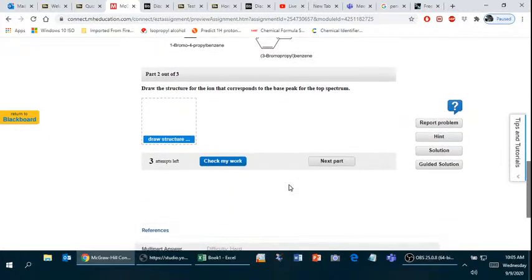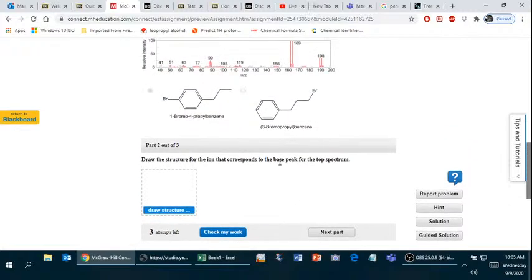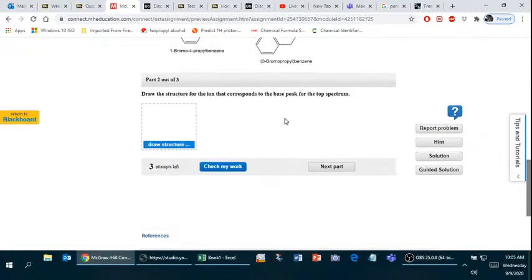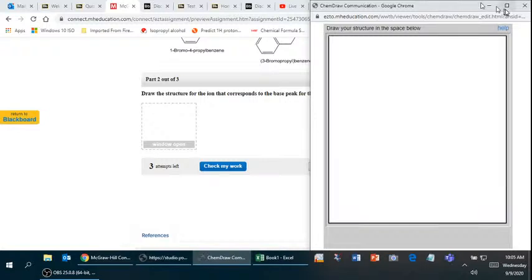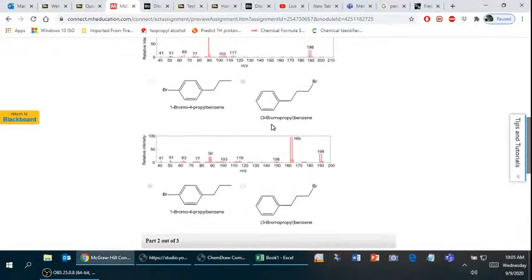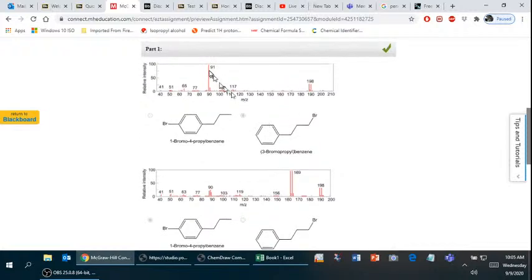Now, drawing the structure for the ion that corresponds to the base peak for the top spectrum. So I'm going to go with the base peak here is probably the parent ion. Let's see if I can do that. So the 91. What would weigh 91?